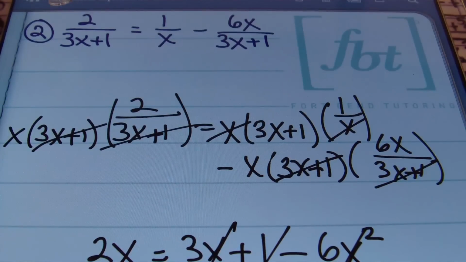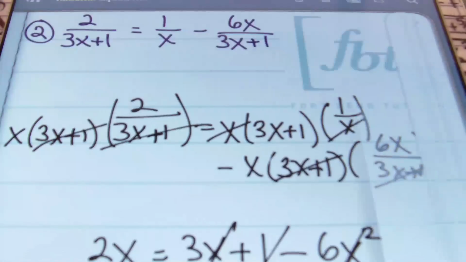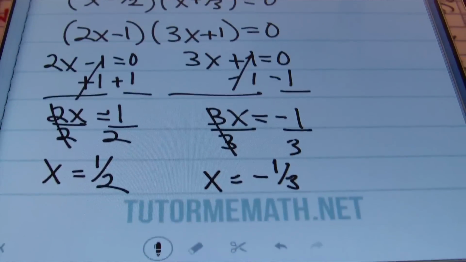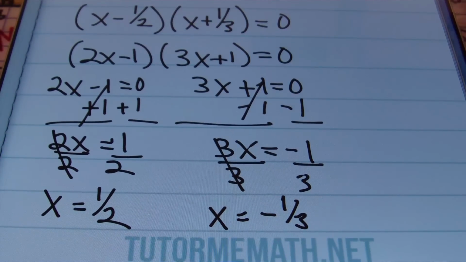Notice that my answer of 1/2 is not going to make any of the denominators undefined. However, the negative 1/3, when placed into either of these denominators, will generate 0 in the denominator. So I can't use it. It's extraneous. So, going back to our solutions, the 1/2 is good to go, all right?